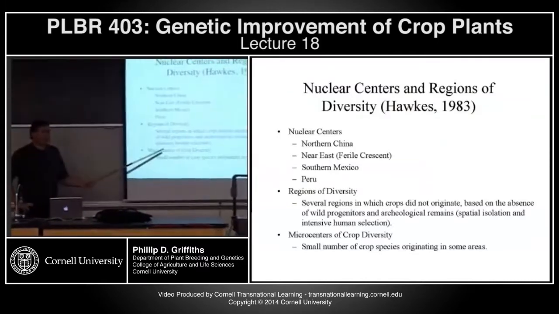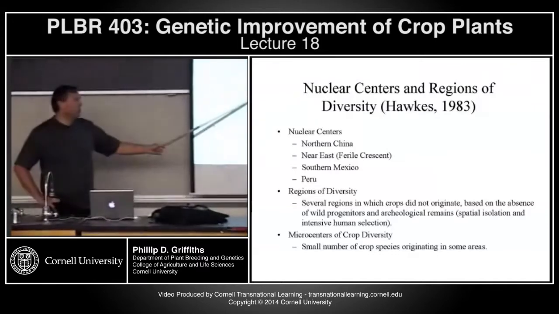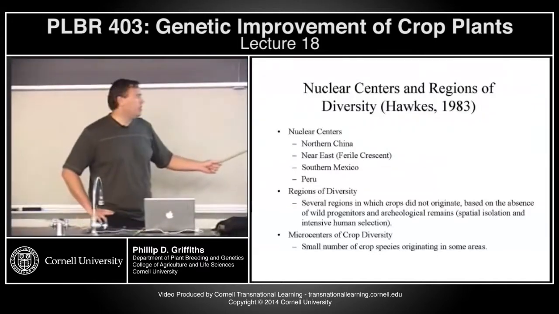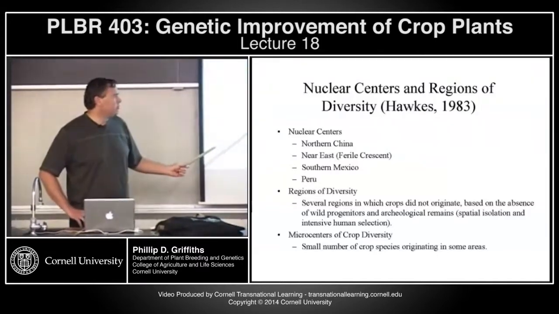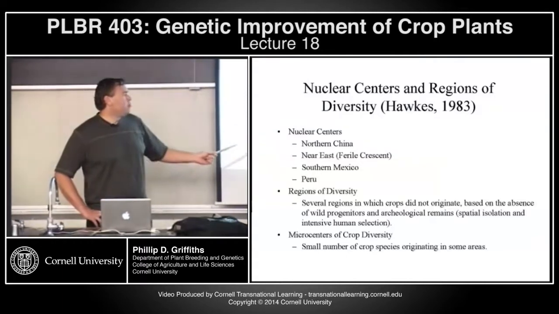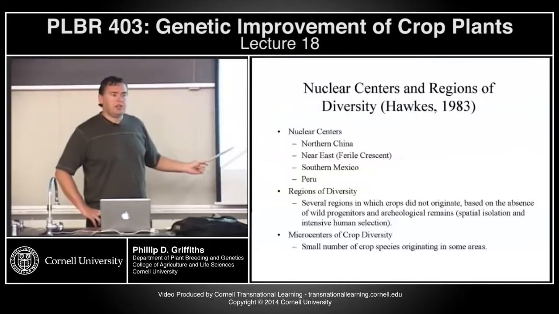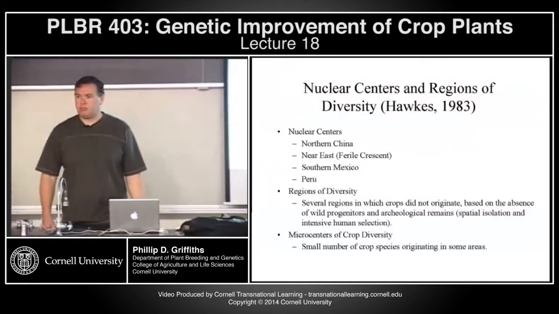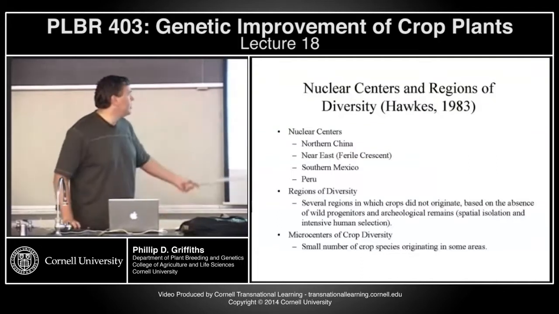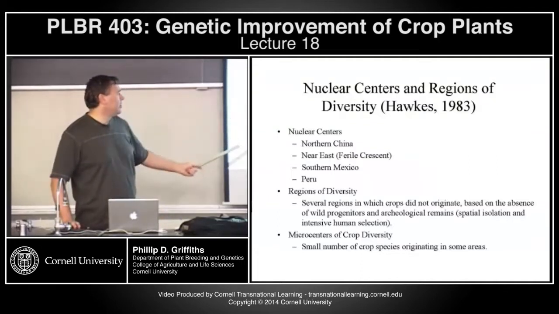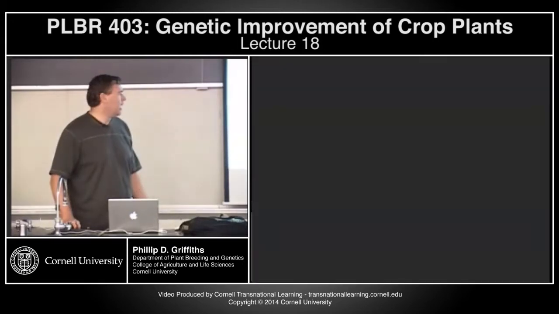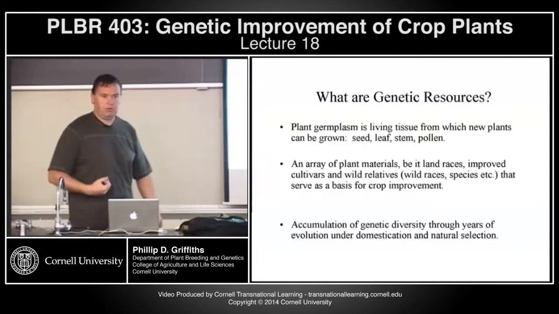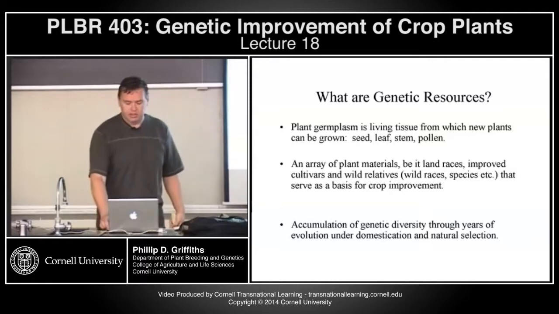And the secondary centers were just regions of diversity, because he could not find information based on archaeological remains and wild progenitors that suggested that the crops actually originated in all 8 centers proposed by Vavilov. So he basically proposed 4 main nuclear centers, and then you have regions of diversity in microcenters where maybe a particular crop will originate in a particular area.